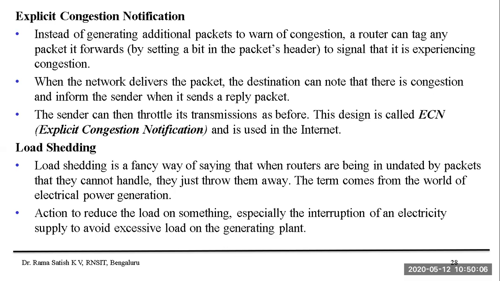Instead of generating additional packets, since a choke packet is an additional packet, you have an option in the header of the IP packet itself called ECN, explicit congestion notification.